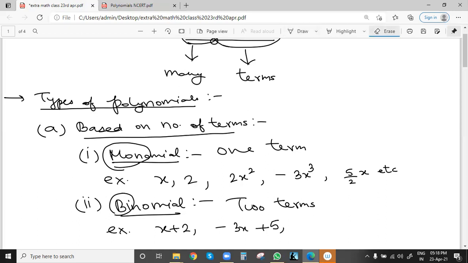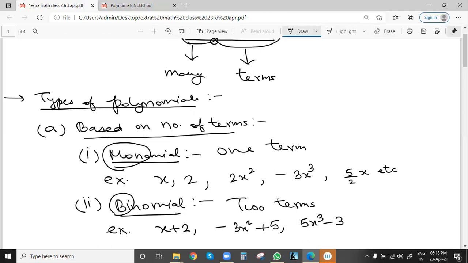By addition or subtraction, our terms get separated. So minus 3x square plus 5 has two terms. Then 5x cube minus 3, etc. All have two terms.